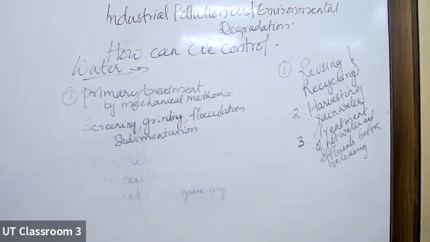Fourth is sedimentation. You have seen that the sediments get deposited. You might have seen some kind of things which we can purchase. Two parts are there. From the upper part it is coming down.